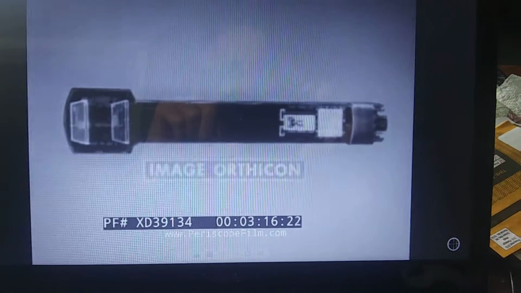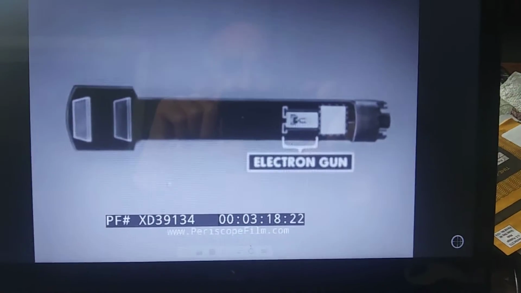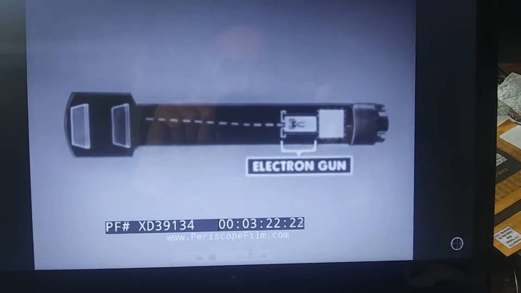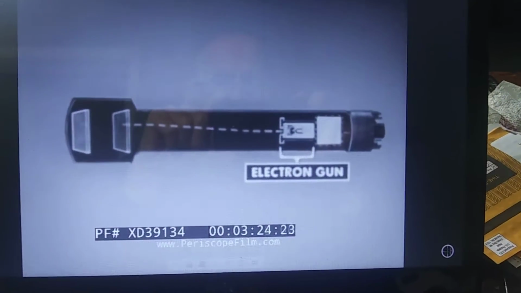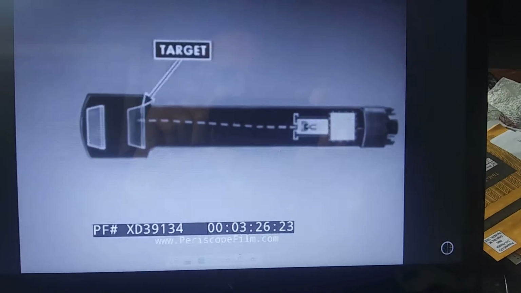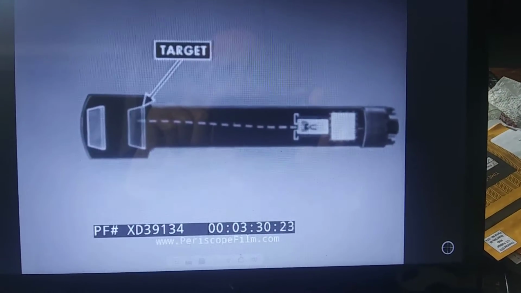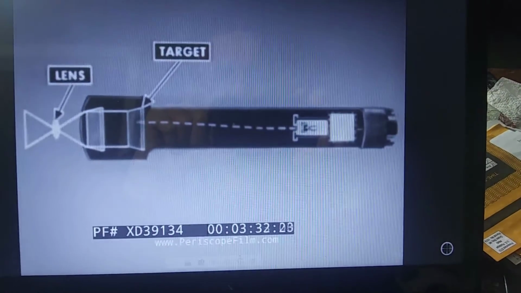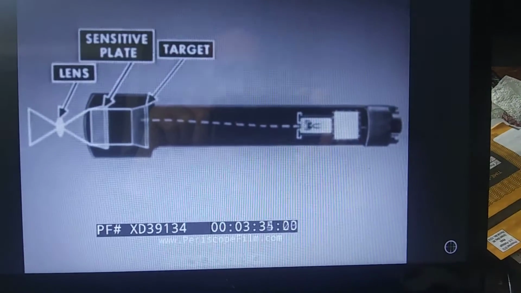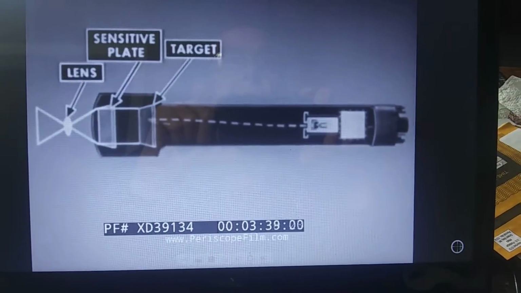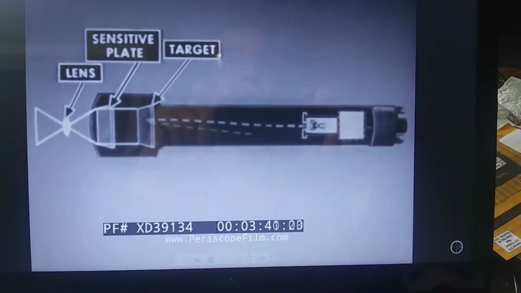In it is another electron gun, which sends out a steady stream of electrons. Now, this target is made so as to pick up a series of electrical charges when the lens forms an image on the sensitive plate, and these charges vary the magnitude of the returning electron beam.